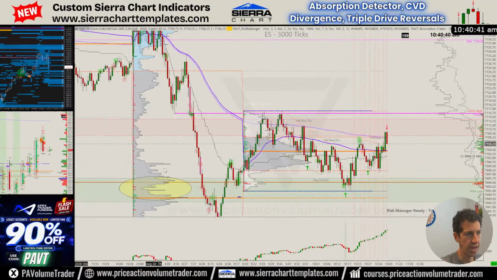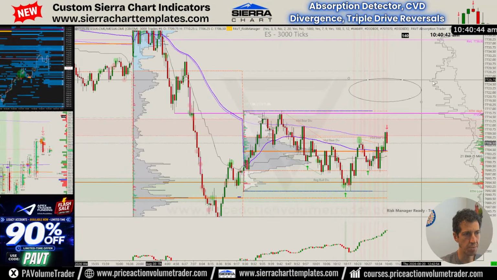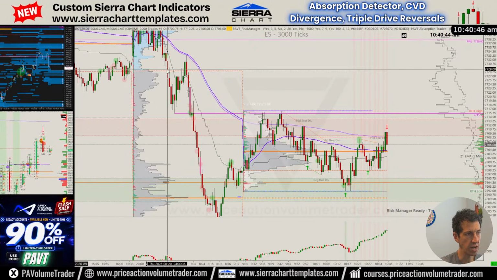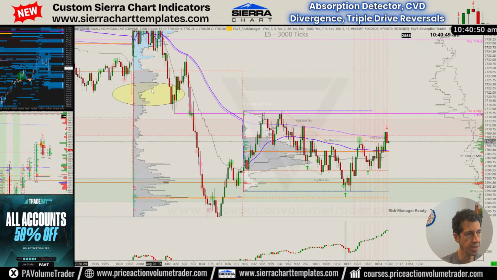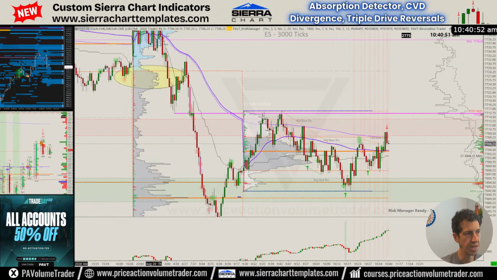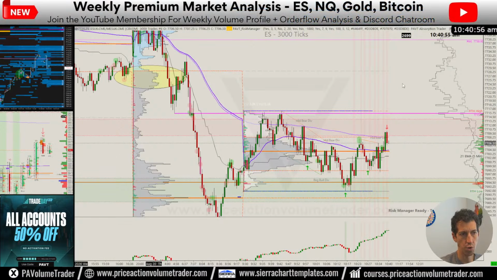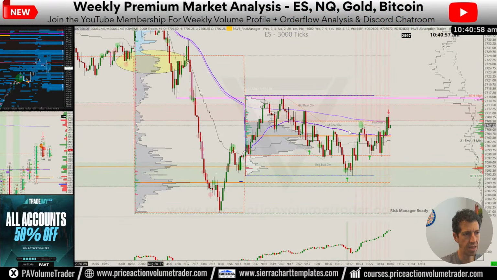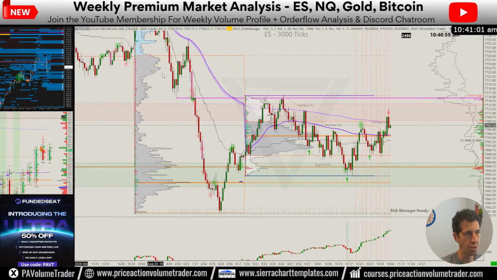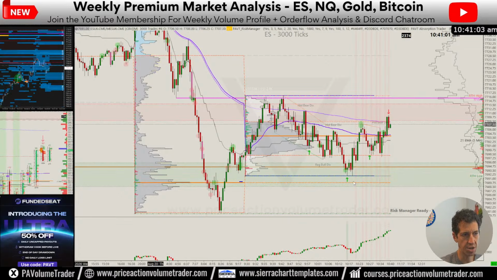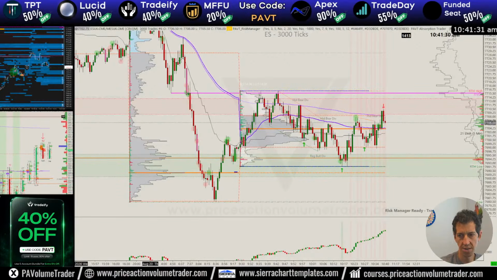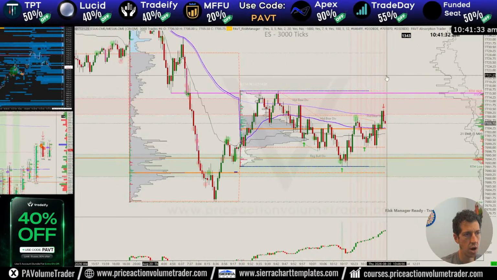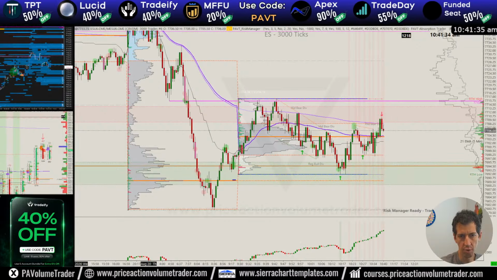Like here, if we have a breakout to the upside now, then I'm going to reference this high volume node from the overnight, because we're at a new area. But right now, if we are still in the range of New York, we just start trading on the New York profile.